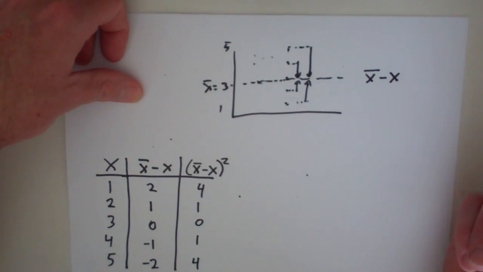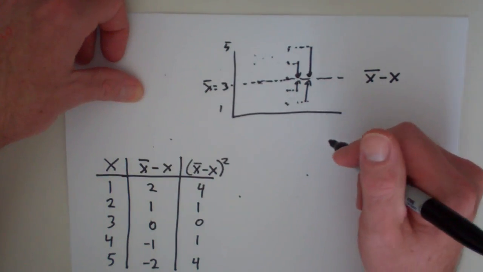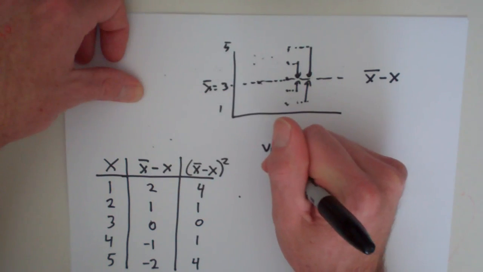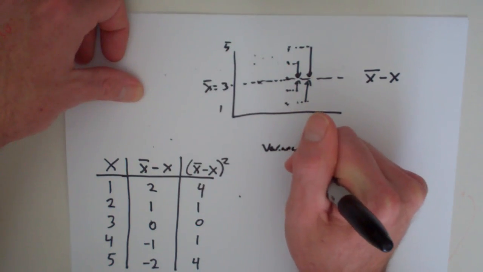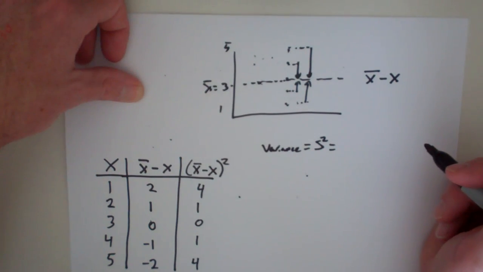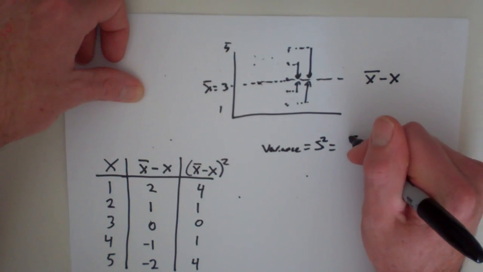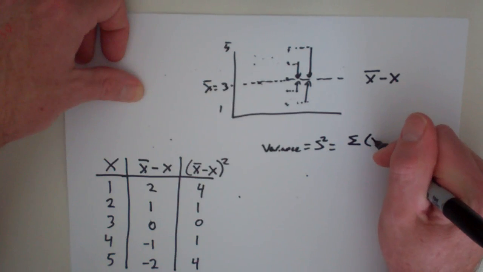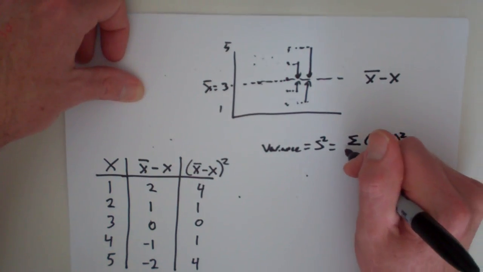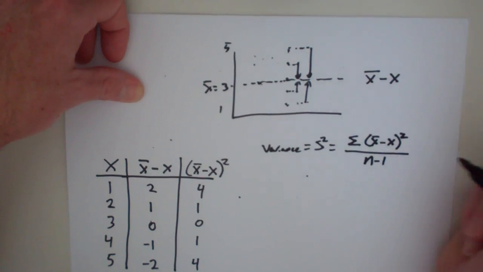So just like when we were calculating the mean, we summed up the total and then divided it by the sample size. Now, the formula for variance, and variance is symbolized by s squared. The formula for this is simply the sum of x bar minus x squared over the sample size minus 1.